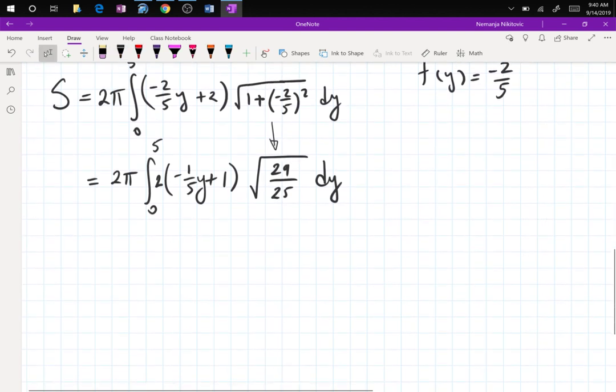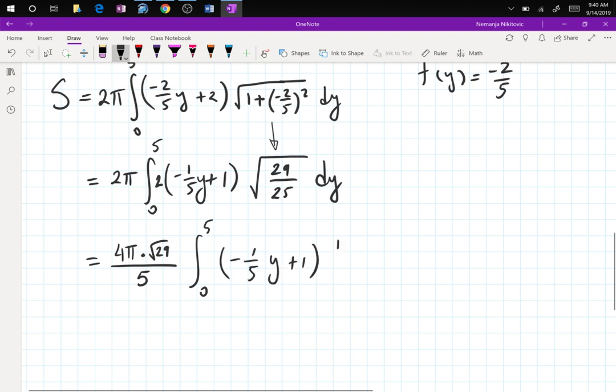So now kick all of the constants outside. We have 4 pi times square root of 29, everything divided by 5, because the square root of 25 is 5. So we kick out all of the numbers, and we are only left with integrating negative 1/5 y plus 1 dy.